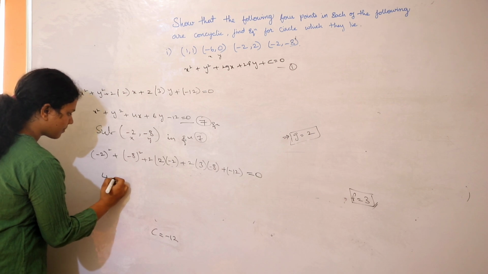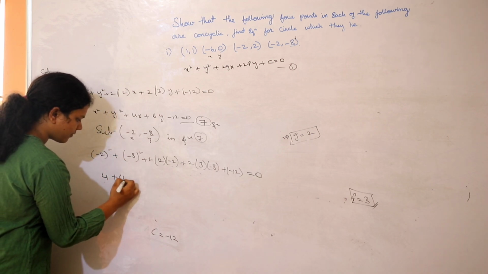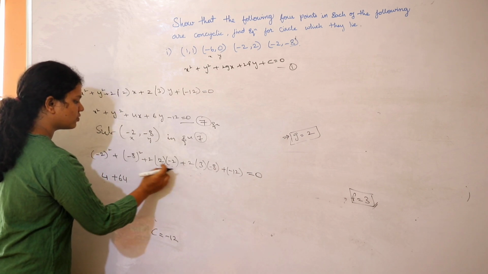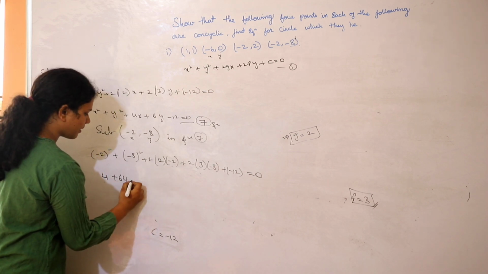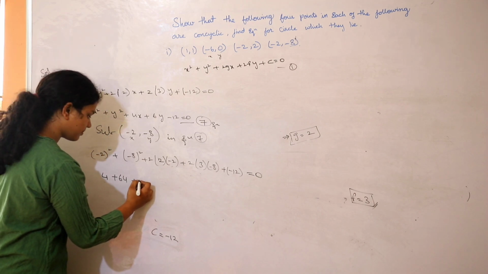It's 4. Okay, what is this? Plus 64. 2 2s are 4, minus 4 into 2, how much? Minus 8.